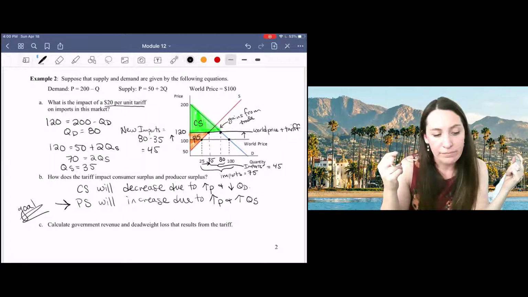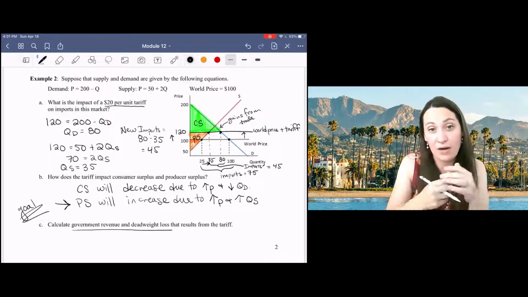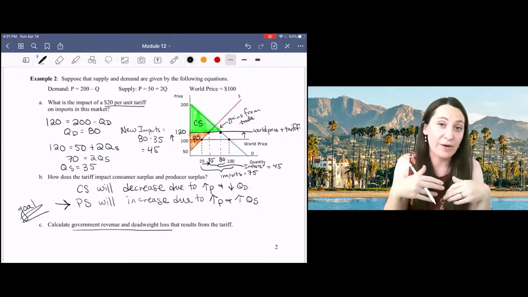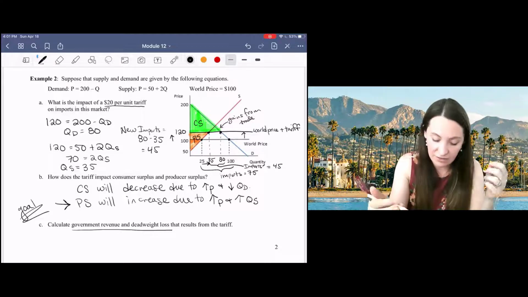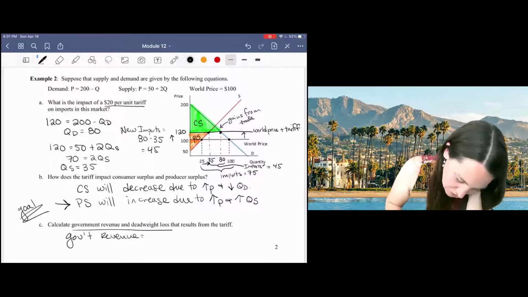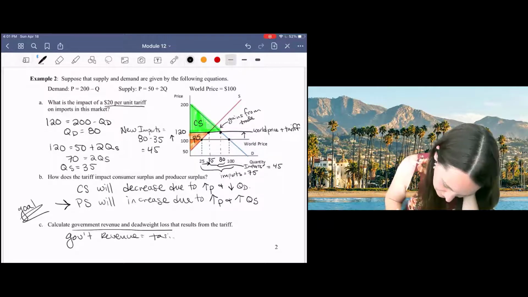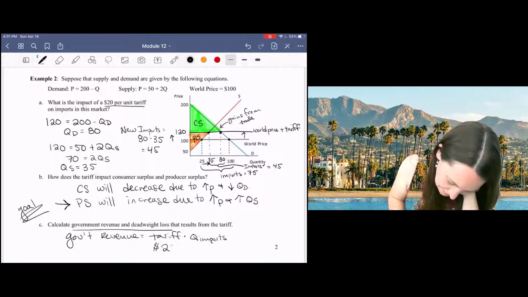Now, as we start to calculate kind of total surplus, there is one other area that we need to take into account, and that's government revenue. Because this is a tax, the government will raise revenue as a result of the tariff. So government revenue would be equal to the amount of the tariff times the quantity of imports. So we said that this tariff is $20 per unit, and the new quantity of imports is 45.